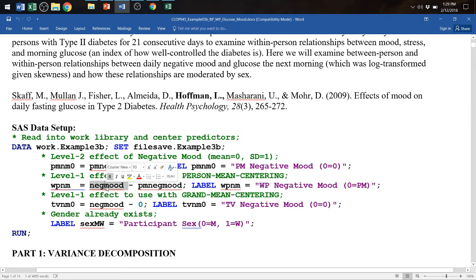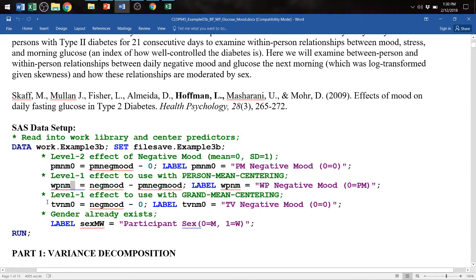I then have my original time varying negative mood minus person mean negative mood, and that's my within person level 1 indicator. And note, I don't have a number at the end of my variable name because it's not centered at a number. It's centered at a variable. So what 0 means is that you are at your own average, whatever that happens to be.